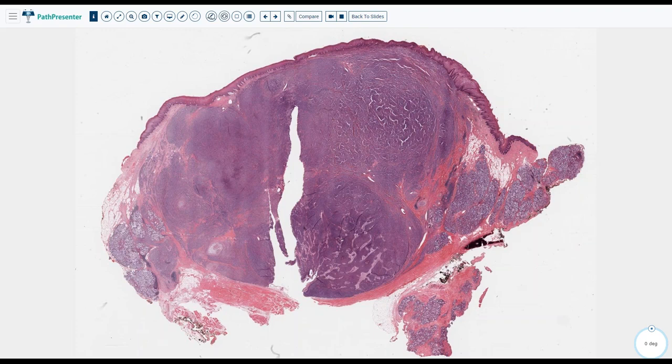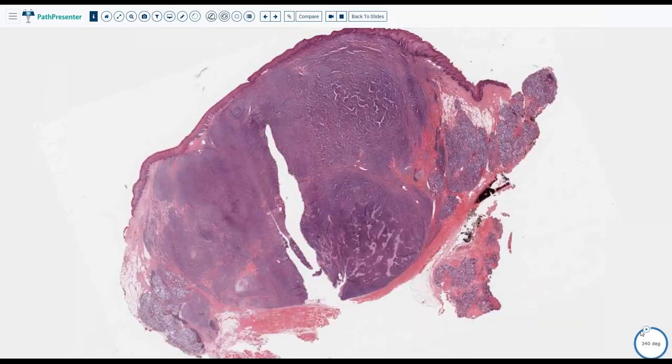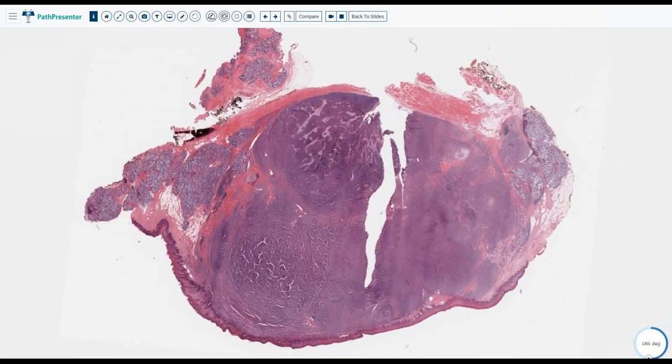Excellent, SK, excellent, you are ready for the boards. Congratulations. All right, so this is the palate, unless you already did your boards.